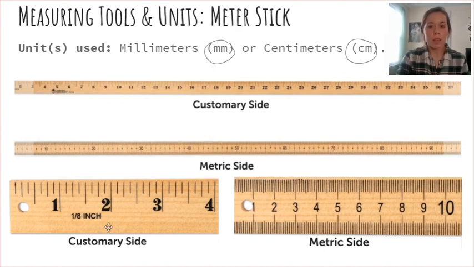All right. And then I provided a close-up version too. So you can see right here, the inches look a lot like the ruler that we looked at in the previous slides. And then here on the metric, you can see that 10 millimeters is equal to 1 centimeter. Alrighty. There we go. Let's move on.